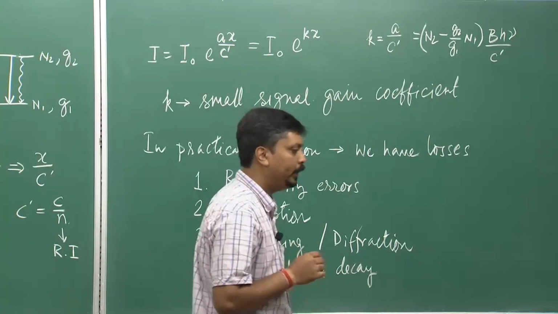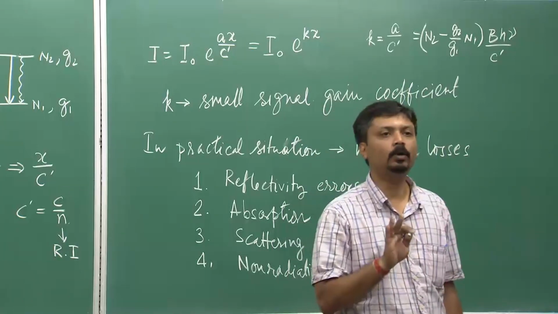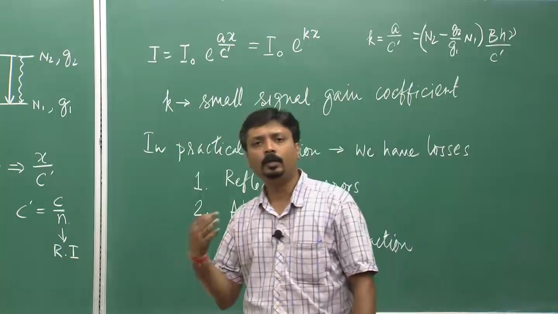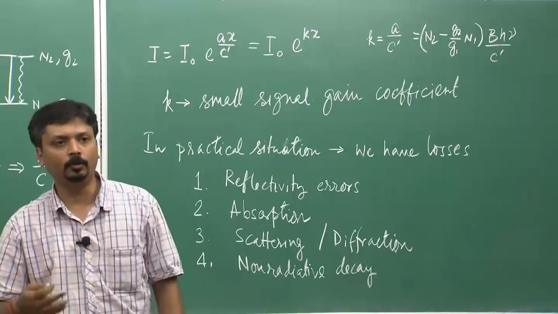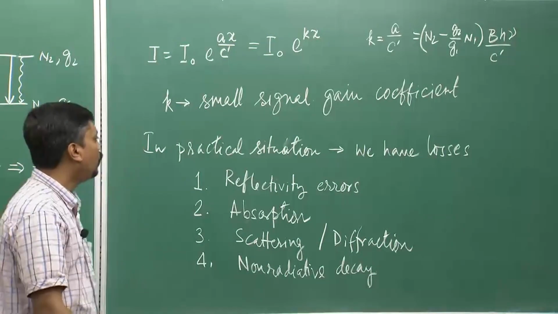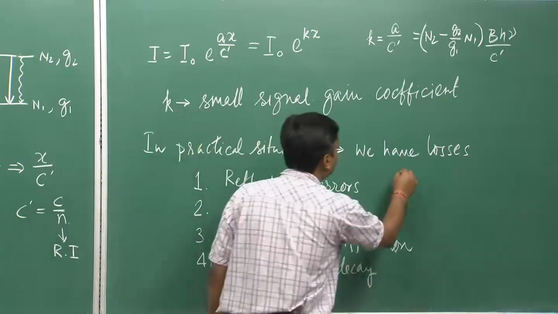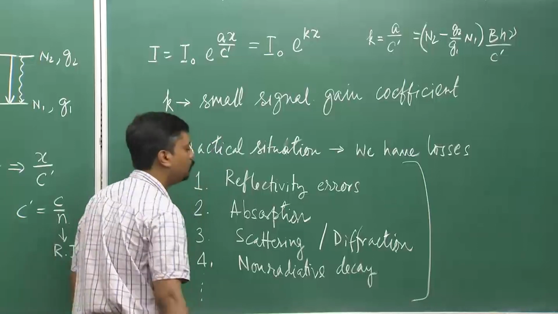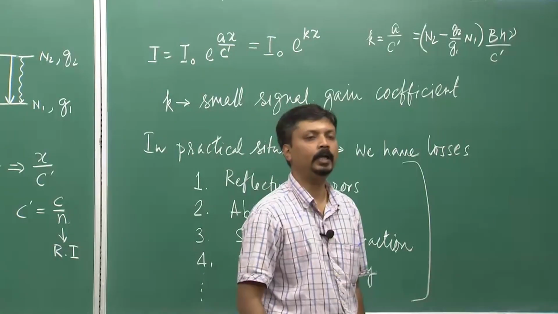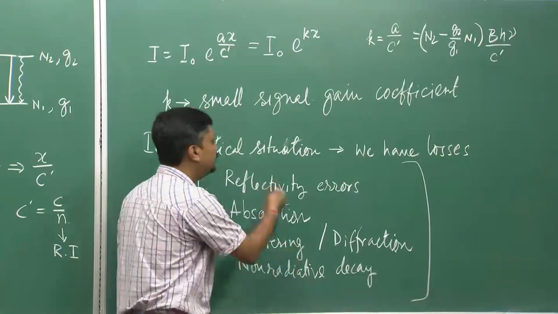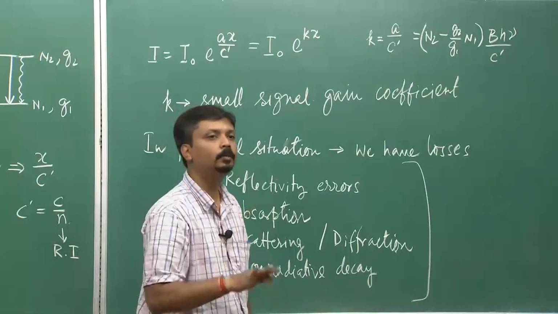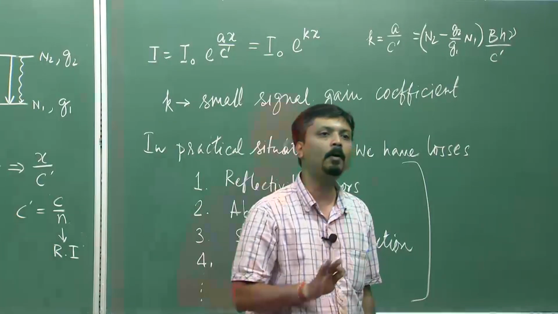We need to take care of these losses, then only we can get a sufficient amount of laser output. There are a few more losses that we can take into account. If we consider a particular type of cavity, we can figure out what the different types of losses are and what the total amount of losses is.